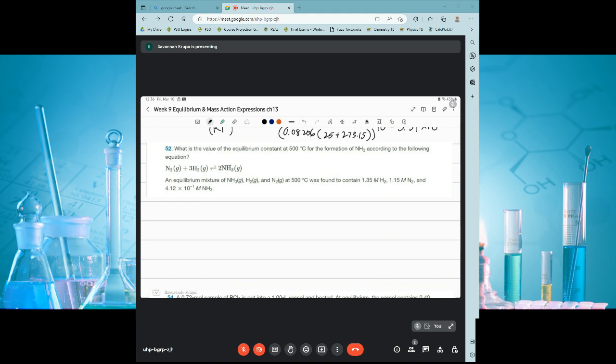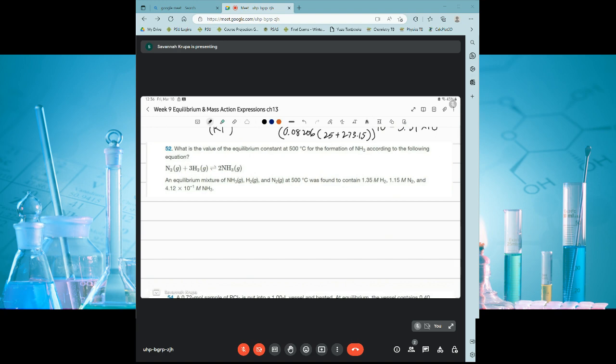So we're working with nitrogen gas as well as hydrogen gas, making NH3. And it says an equilibrium mixture of NH3, H2, and N2 at 500 degrees Celsius was found to contain 1.35 molarity of the hydrogen gas, 1.15 molarity of the nitrogen gas, and 4.12 times 10 to the negative 1 molarity of the NH3 gas.